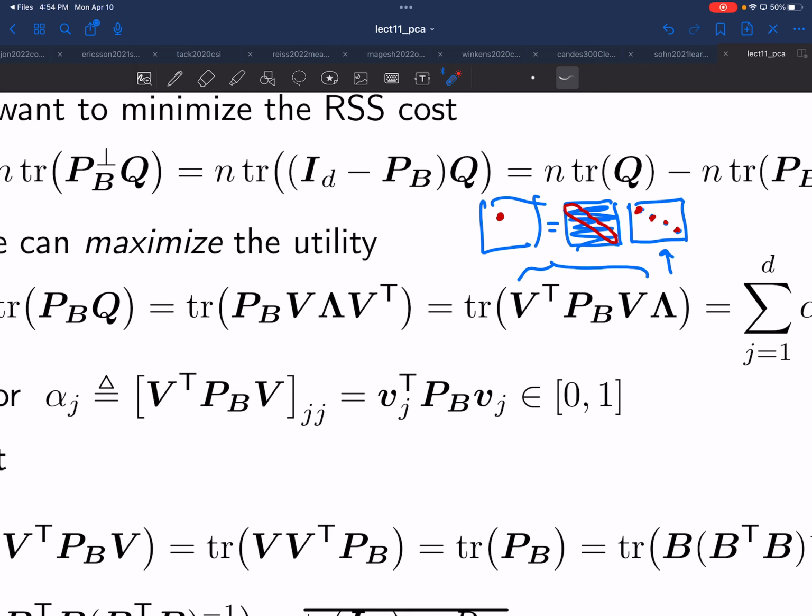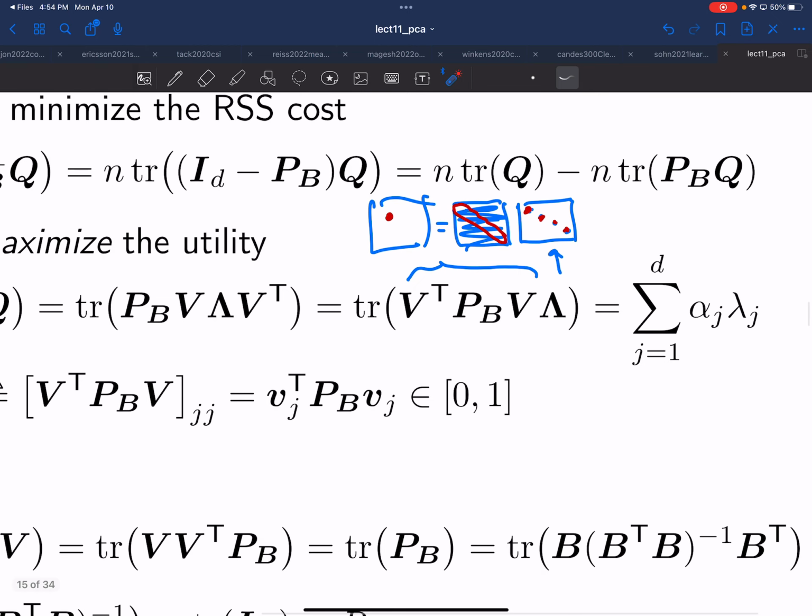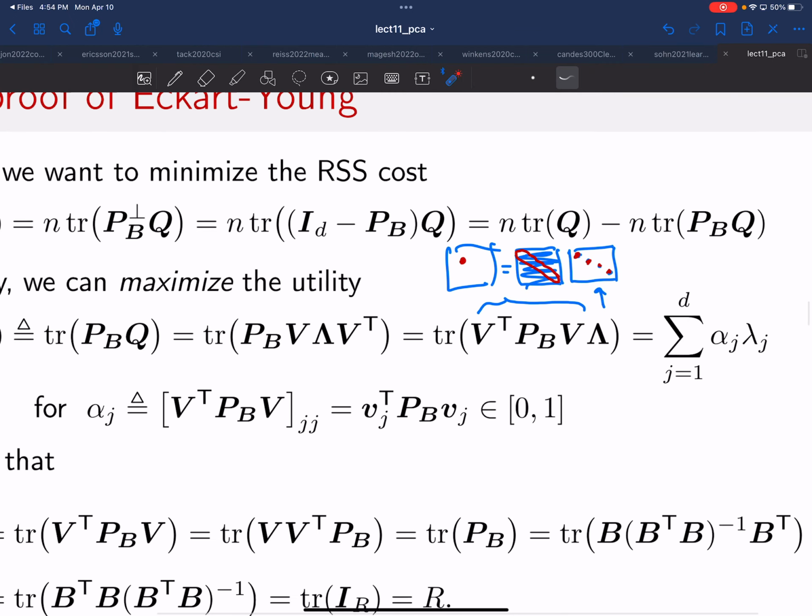So we have the alpha j's times the lambda j's. These are the lambda j's. So we're just summing up those scalar products. Okay. So does that sort of make sense?